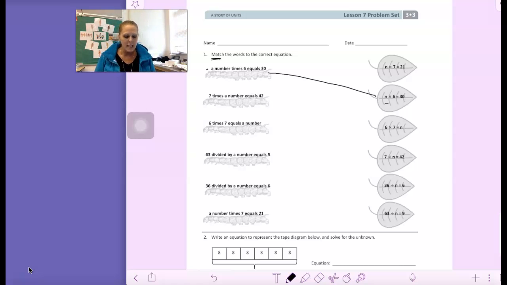The next one says 7 times a number equals 42. That one is right here. 7 times a number, it reads exactly the way the phrase does.